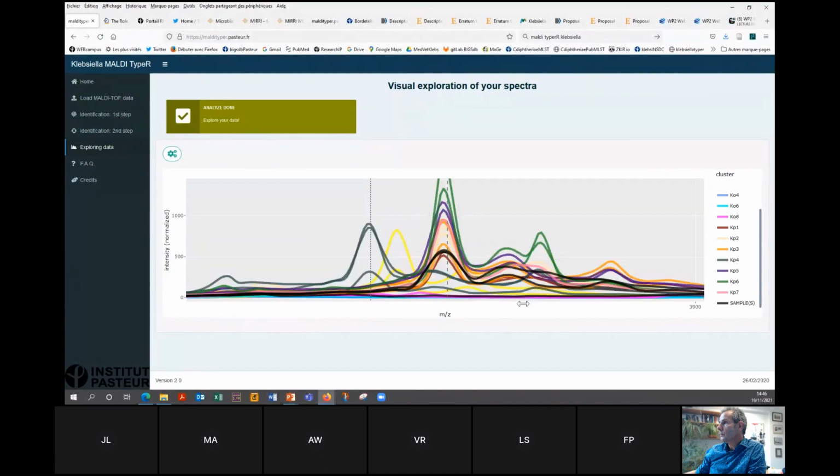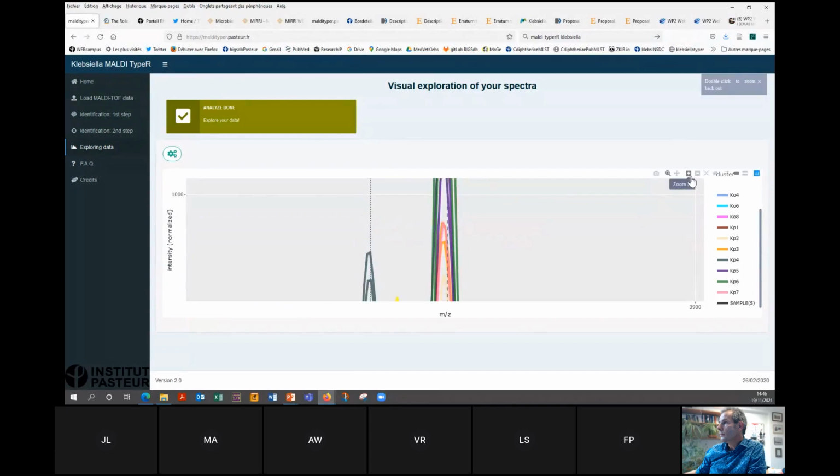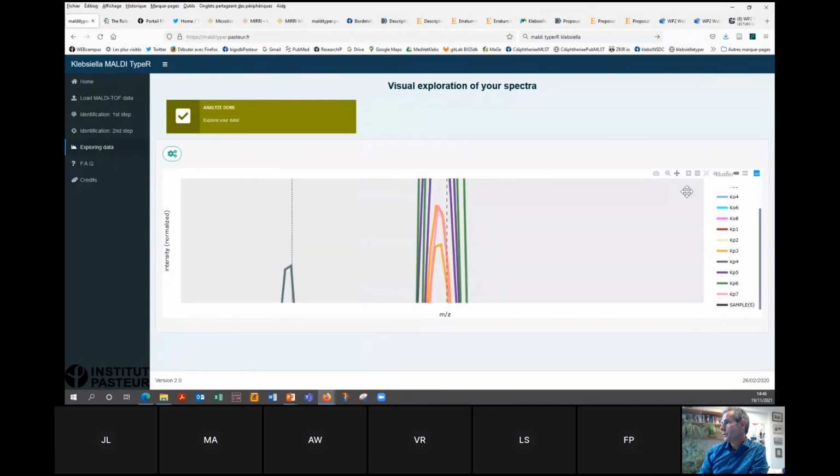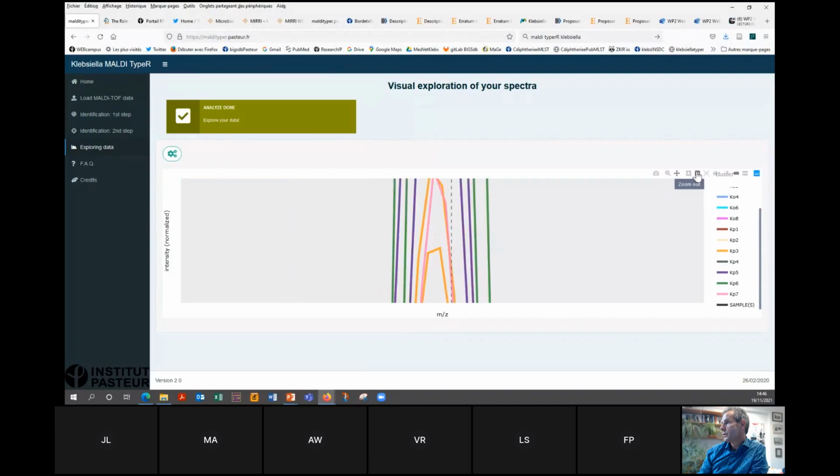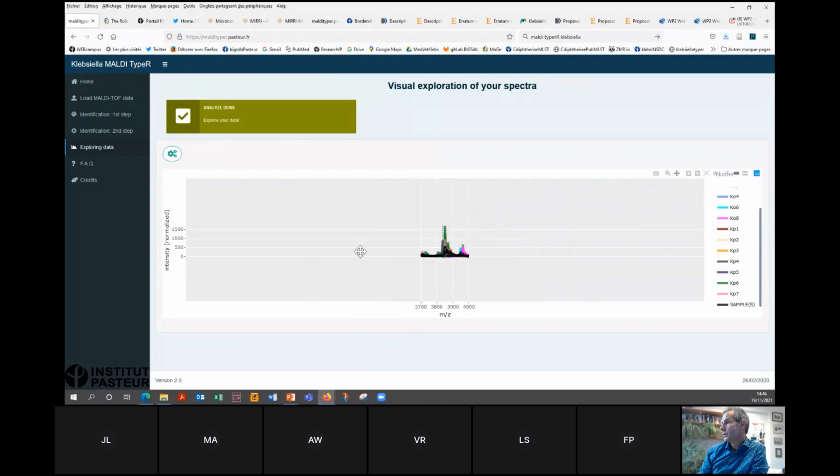And so it's easy to zoom in these regions or unzoom, etc. So it's a very handy visualization tool that was incorporated into the system. And I believe we can go back to, yeah, you can unzoom or zoom again on the particular window or look at the entire spectrum.